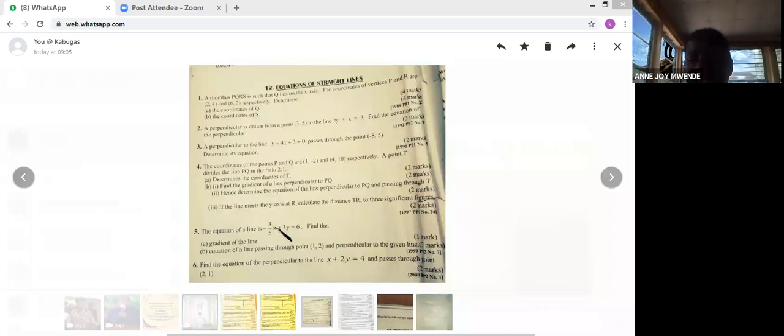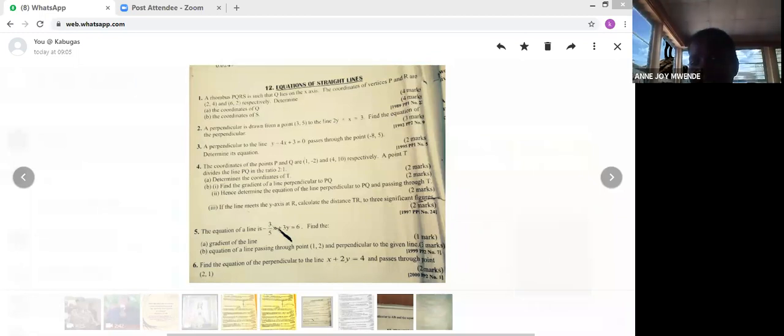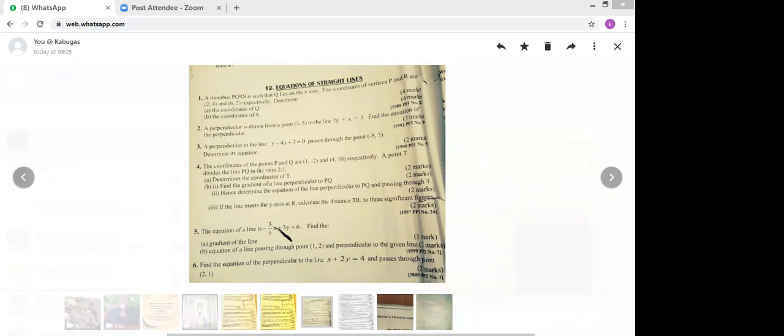Can you get the coordinate of R? One student to get the coordinate of R. Raise up your hand if you have the coordinate of R. Wisdom, your hand is up. 6.75.